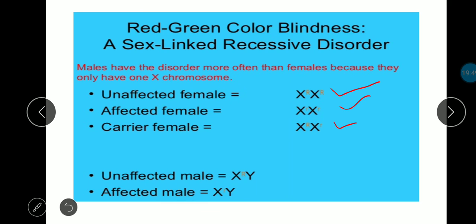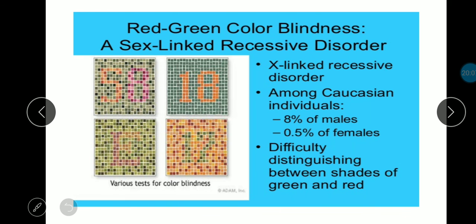An unaffected male has a capital R but only one X. An affected male has a small r and a Y. These are individuals who have an X-linked recessive disorder, and it shows difficulty in distinguishing between shades of green and red.